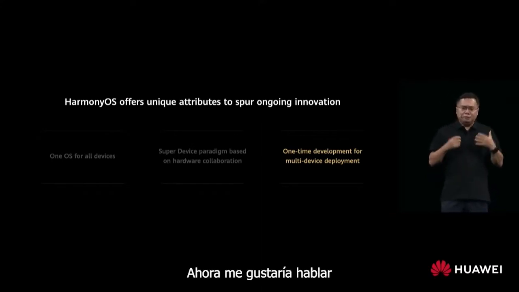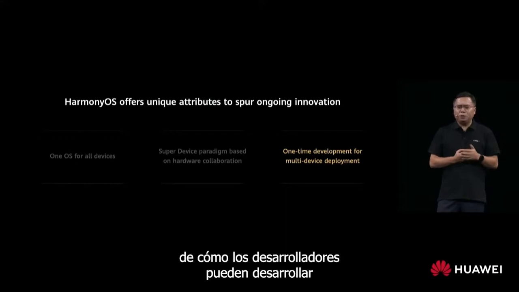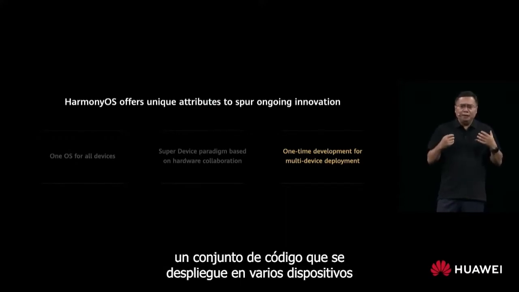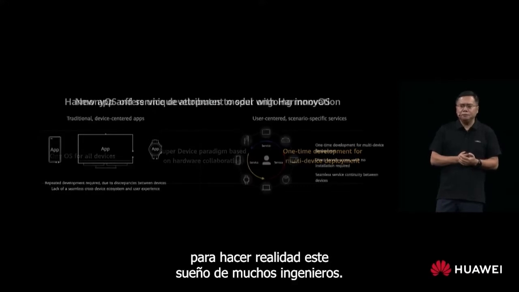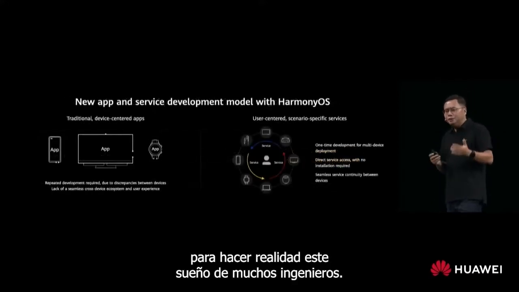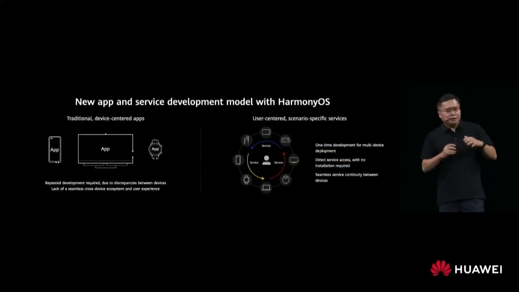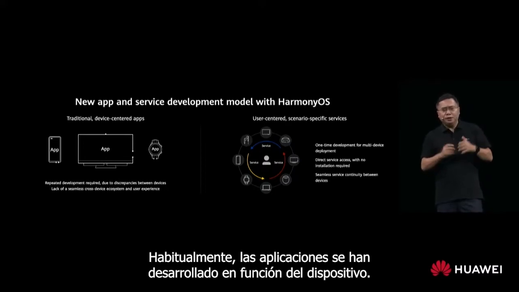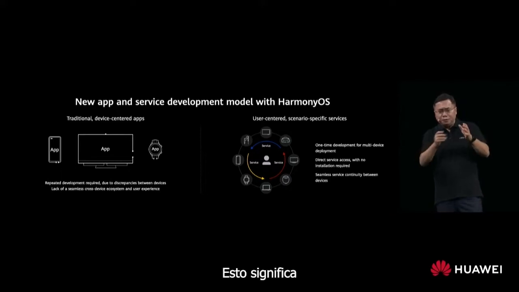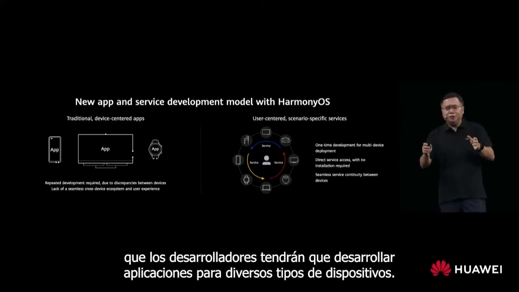Now, I'd like to talk about how developers can develop one set of code to be deployed across multiple devices to realize this dream of many engineers. Traditionally, applications are developed by device. This means developers will need to develop applications for different types of devices.